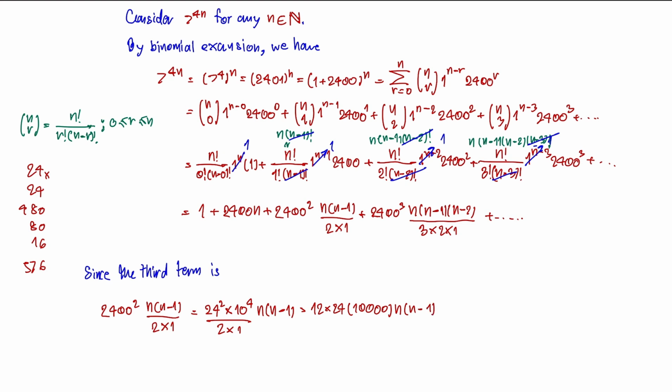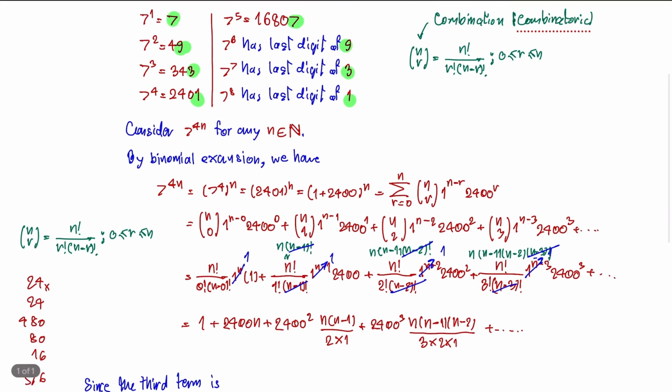What does this mean? This means that from the third term there will be 4 zeros at the end. This means that the third term, the fourth term, and so on, did not affect the last 3 digits of 7 raised to the power of 999.